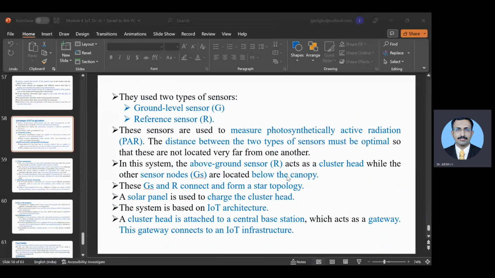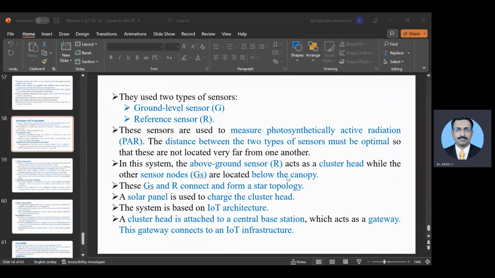The solar panel is used to charge the cluster, since all these hardware devices need to be charged. The cluster head is the IoT node. In the IoT architecture, the cluster head is attached to the central base station, which acts as the gateway.